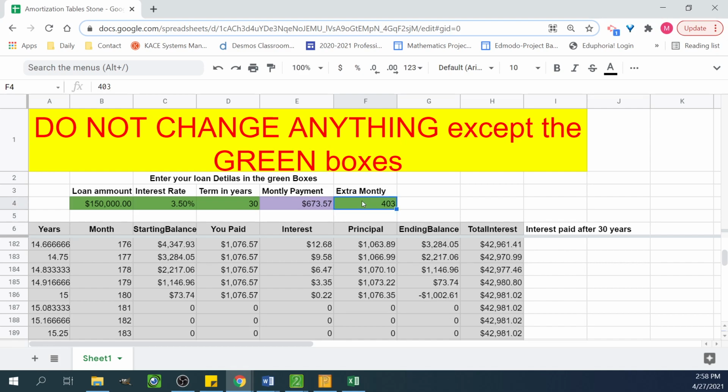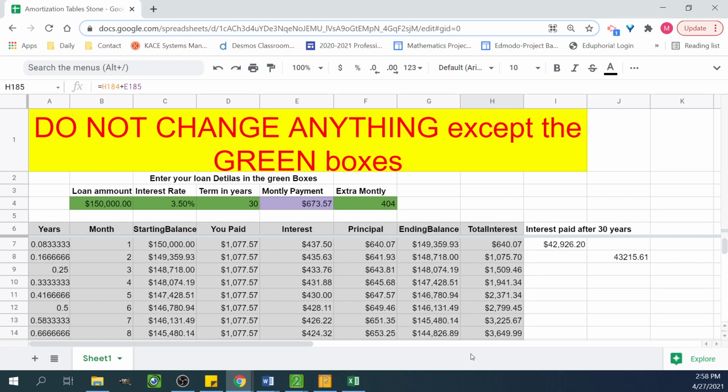So close. Okay, you with me? 405. You can do 4 or 5. They're close in interest, but do you see paying it early actually saved you about $1,000? So similar, but not the same. That's pretty much it.